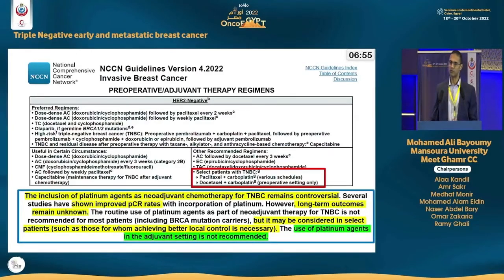We have no proven data to use platinum in the adjuvant setting. Use of platinum agents in the adjuvant setting is not recommended, but in the neoadjuvant setting you can use it if you need to augment your response regarding the pCR in early triple-negative breast cancer patients.